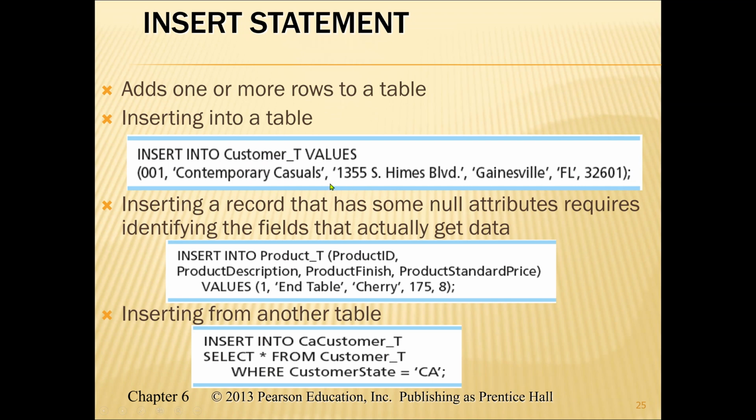Every field value, we have a comma with space between. If it's a string or character, we put a single quote on it. If it's a number, you don't put anything. For example, the first one is 001, we don't put any quotation. The rest are strings. The zip code is also a number, we don't put any quotation.